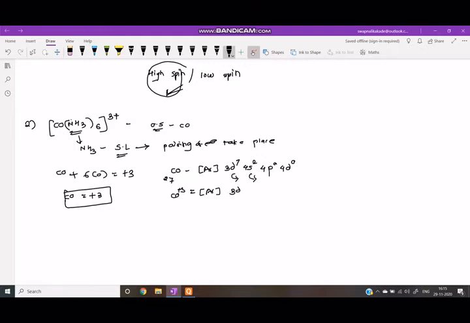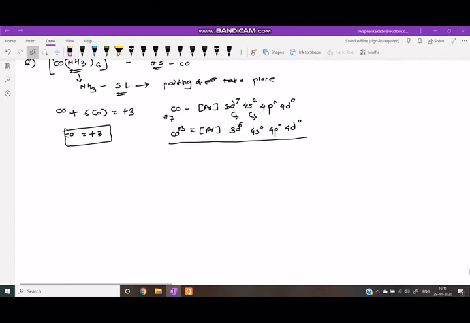Therefore the electronic configuration is argon 3d6 4s0 4p0 4d0. This is the electronic configuration for cobalt +3. 1, 2, 3, 4, 5, 6.